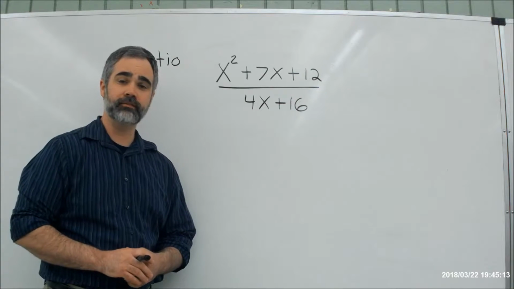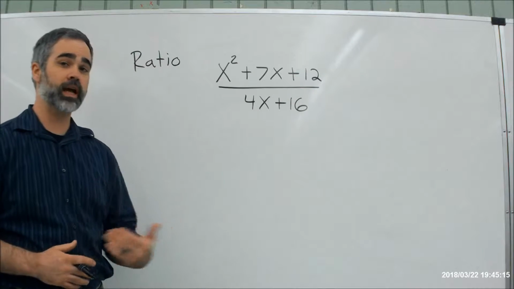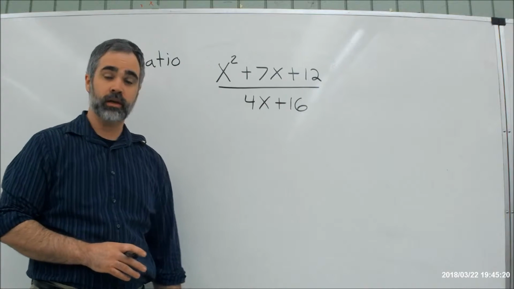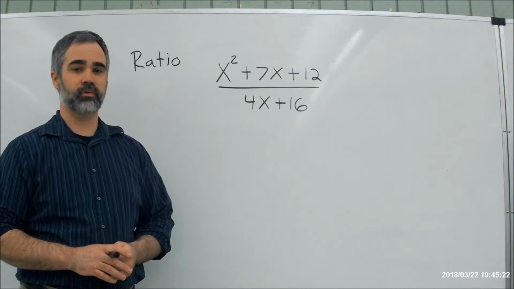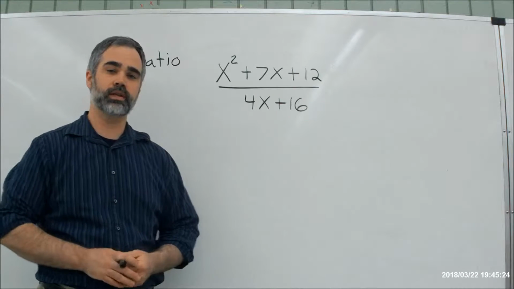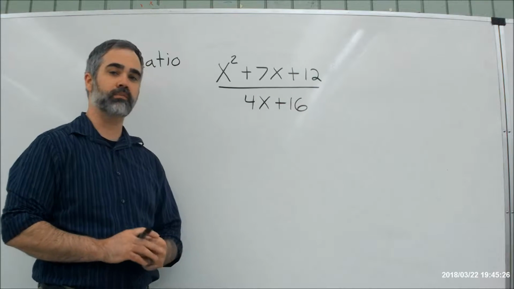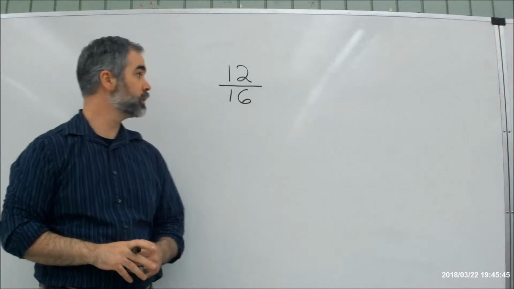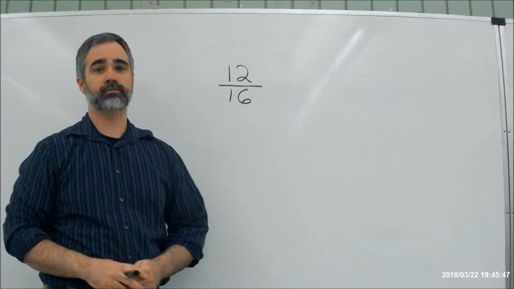What I'd like to do in my videos is make sure that you understand why things are the way they are. So before we talk about this really big, ugly one, we're going to talk about some small, simple ones. If we can understand what we're actually doing in the small cases, it'll help us remember how to do simplification with these big ones. So here's a nice small fraction.